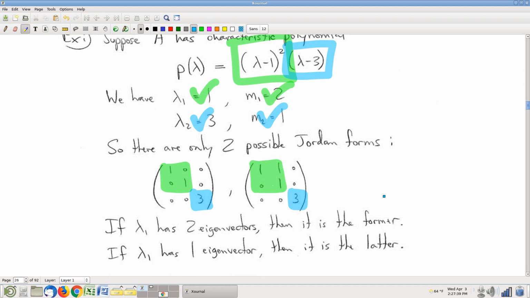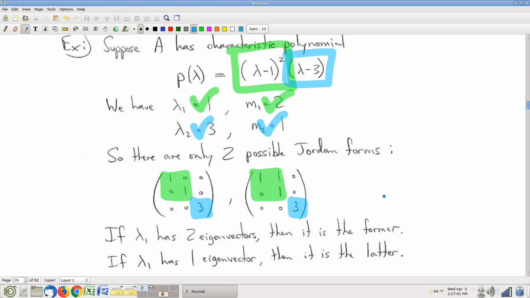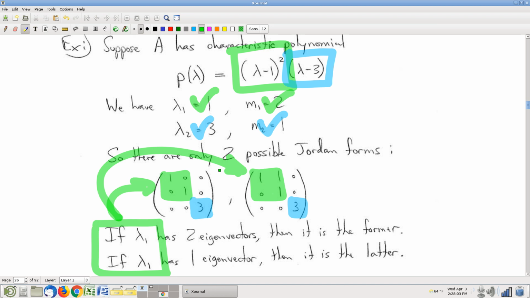So then how can you tell which is the right one? Well, another thing you do know how to do is to find eigenvectors. Go ahead and find your eigenvectors and then just see how many you get. So specifically, looking just at the first eigenvalue, if you have 2 eigenvectors, that would mean 2 basic Jordan blocks, and that means this is your Jordan form.